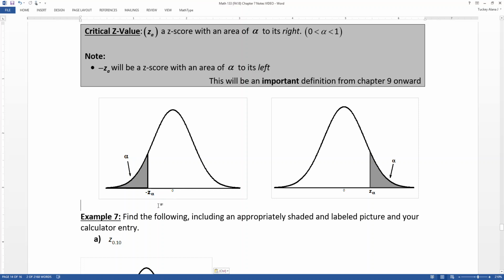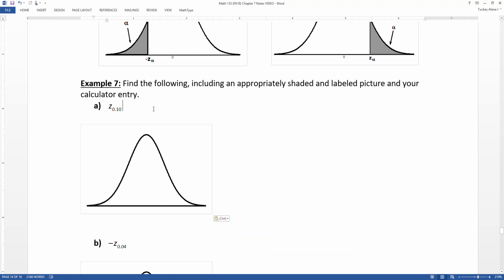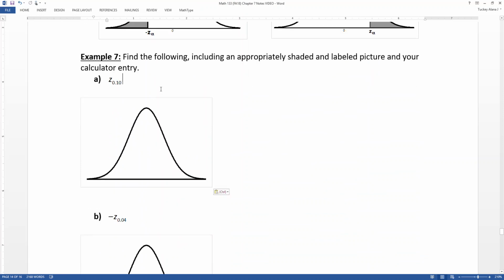All right, so let's look at an example, and that'll probably help us. And I apologize, this particular semester that I'm making this video, there was a typo here. So just change out the question for Z sub 0.10. So see that little subscript? That subscript means that alpha is 0.10. So let me type that up. So alpha is 0.10, that's the area in the right tail, and that's because it was a positive z, right?